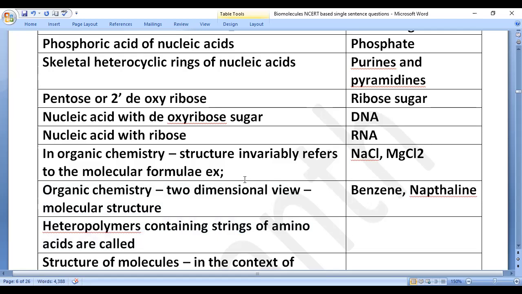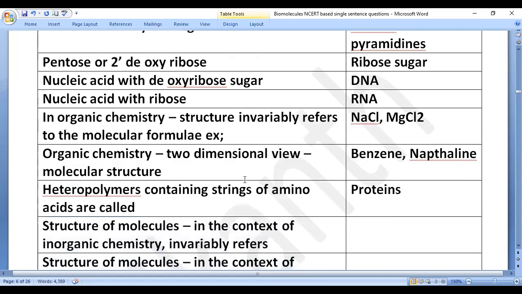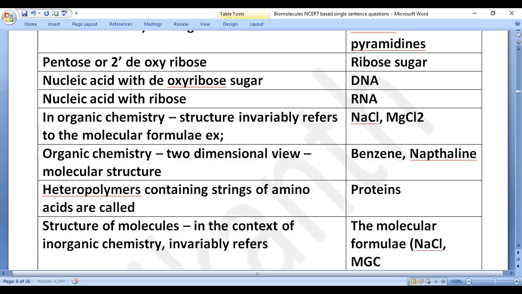Heteropolymers containing strings of amino acids are called proteins.